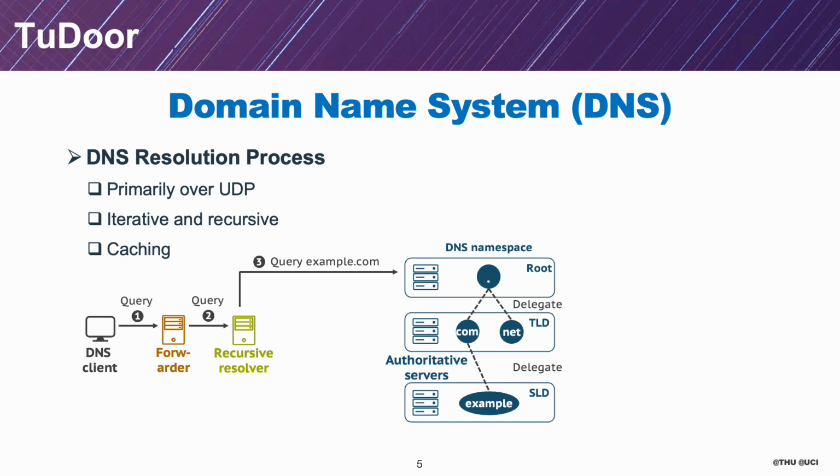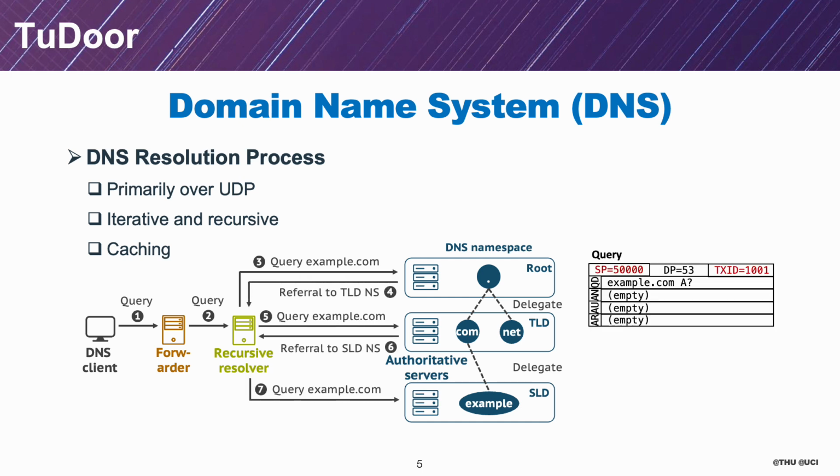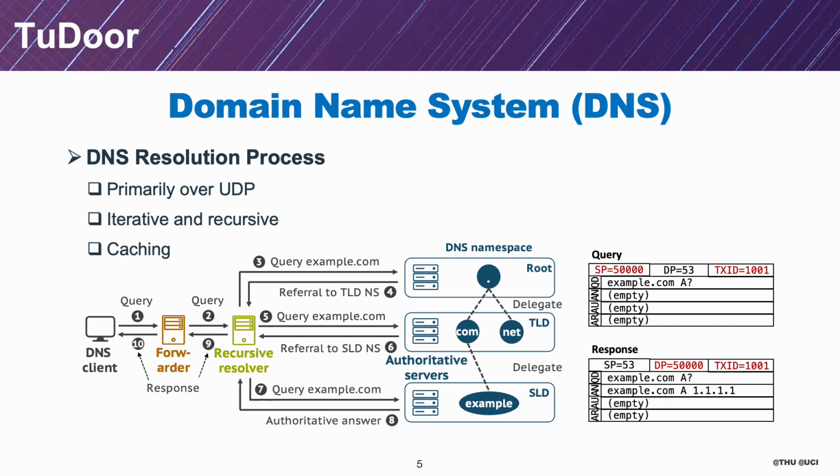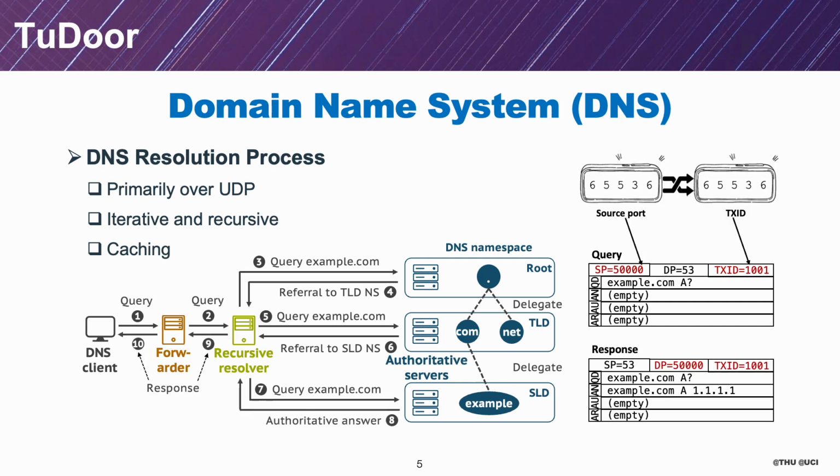Then the recursive resolver does the iterative process with different authoritative servers until it gets a valid response. The response will be cached by all resolvers. As for the DNS packet, two fields are used to match the query and the response, the source port and the TXID. All of them have a 16-bit space.